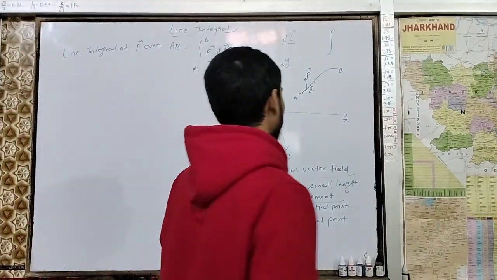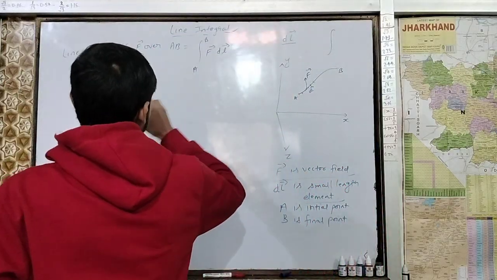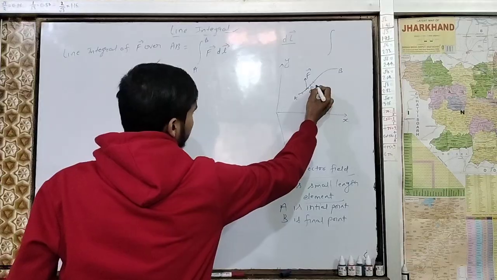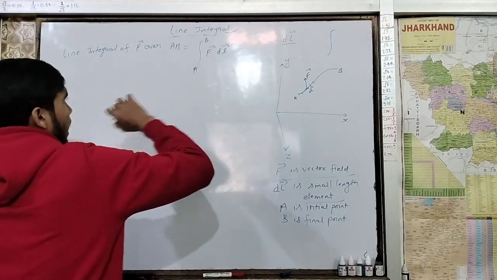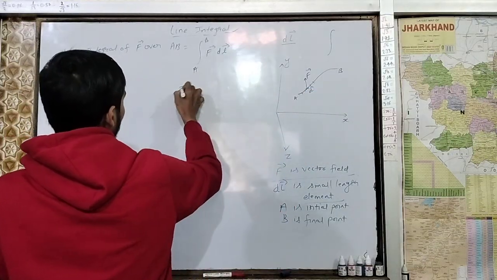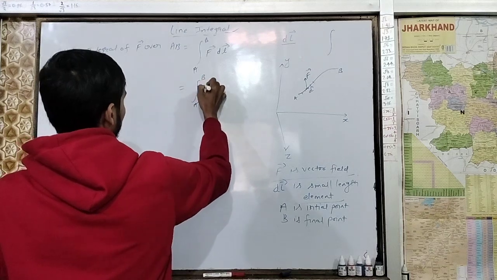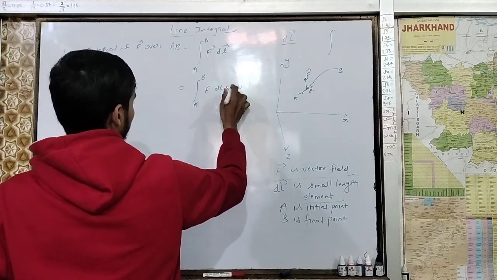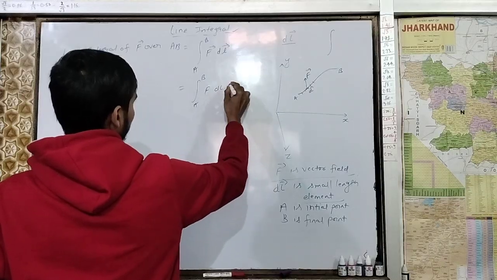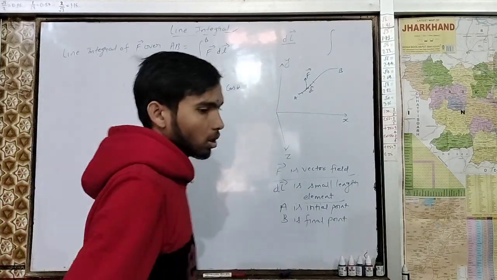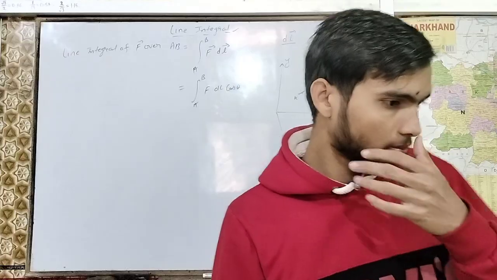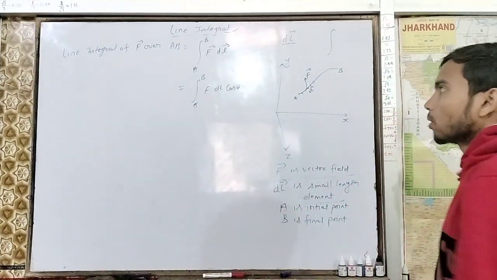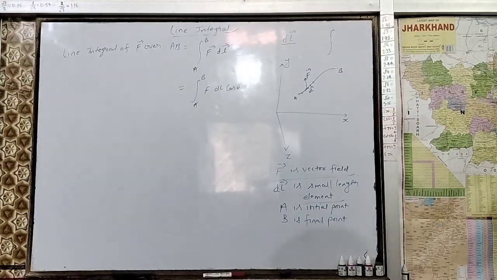dl, a small length element. Since we are using the dot product, it can be written as f dl cos theta, not sin theta but cos theta. Or you can write it as the mod of f vector times the mod of dl vector times cos theta.